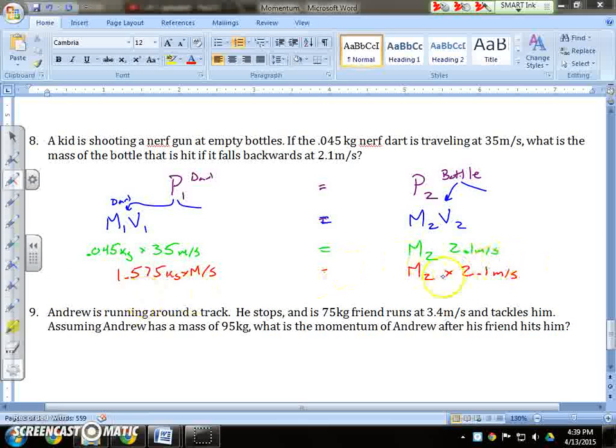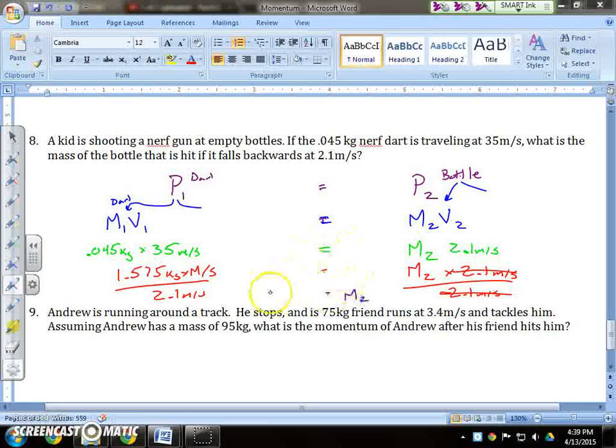Then to isolate M2, divide by 2.1 meters per second on both sides. That cancels and that cancels, and I'm left with M2 equals 0.75 kilograms. So your final answer is that the mass of that bottle is going to be 0.75 kilograms, which is still kind of a heavy bottle, to be fair.